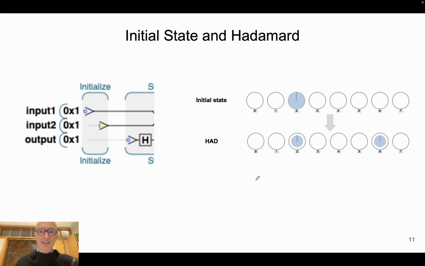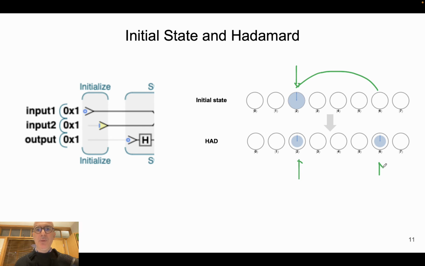So we start with initialization and the Hadamard gate. We start in state 2, that is 0 and 1 in a 3-qubit system, and then we apply the Hadamard gate on the pairs, and that results in a superposition of state 2 and state 6.